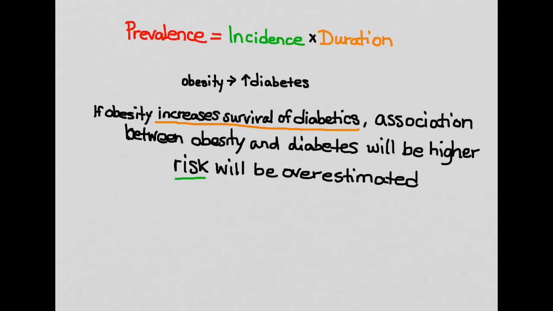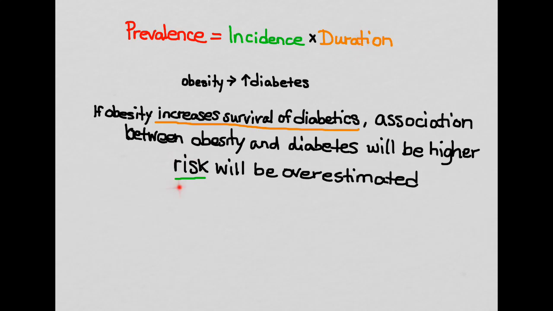So if obesity increases the survival of diabetics, that is, if it increases the duration, then the association between obesity and diabetes prevalence will be higher, okay? And then that means that the risk of diabetes as a function of obesity will be overestimated. So that is, what you attribute to incidence will actually be attributed to duration.